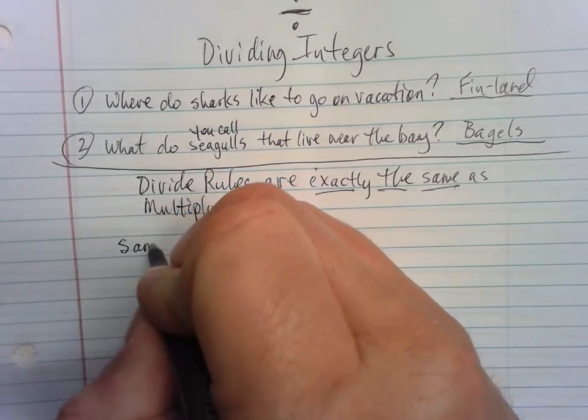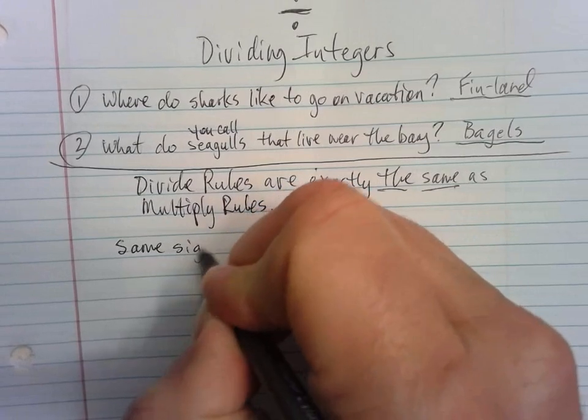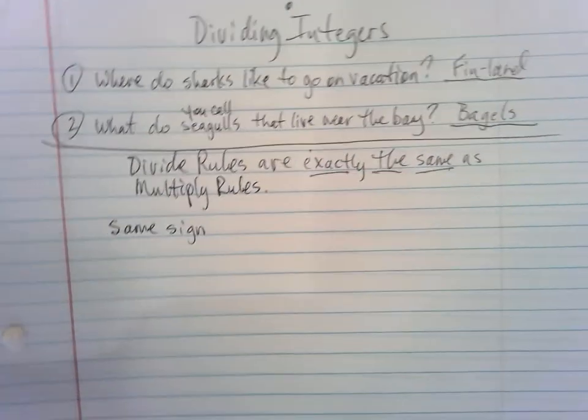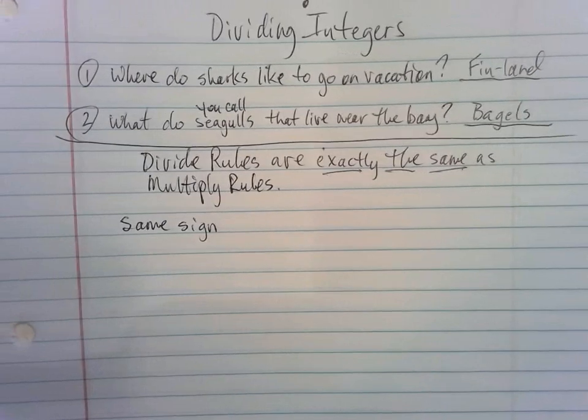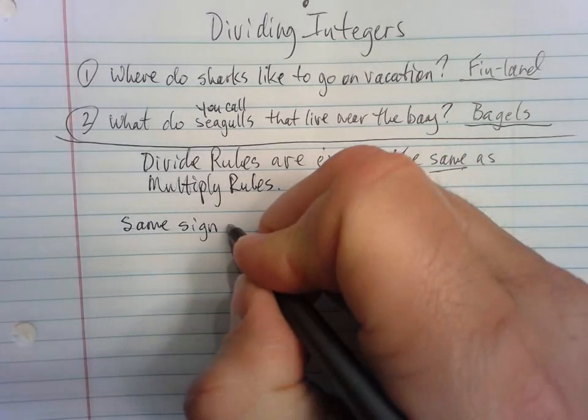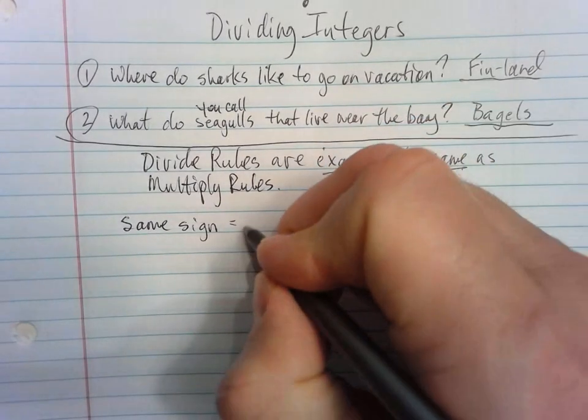If you divide integers and they have the same sign, you are going to get a positive quotient.